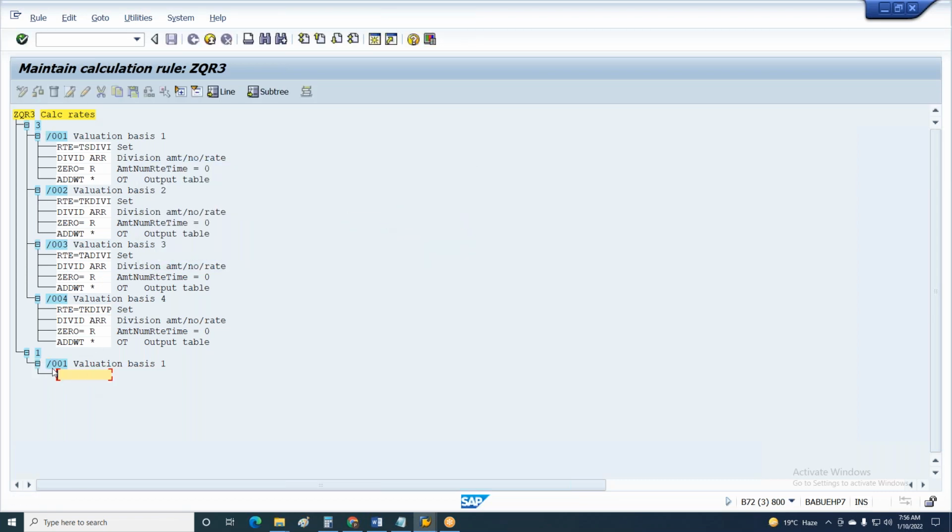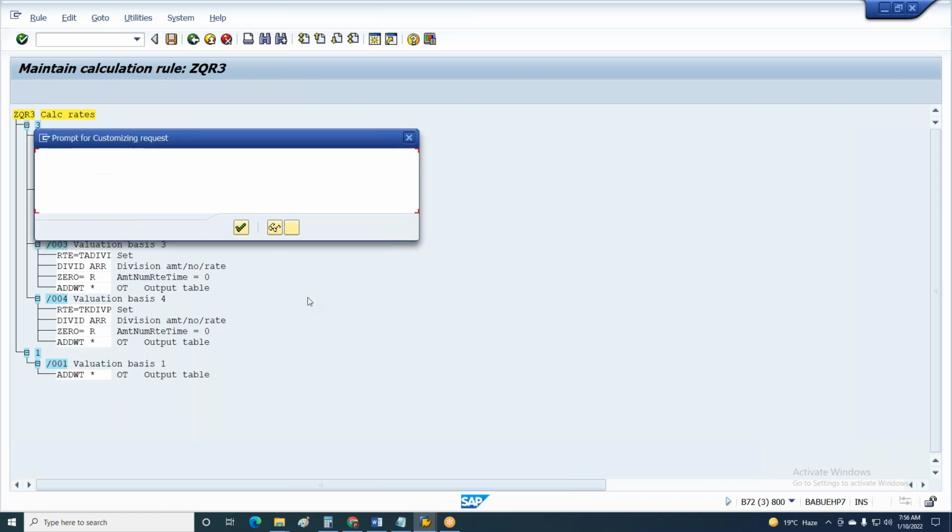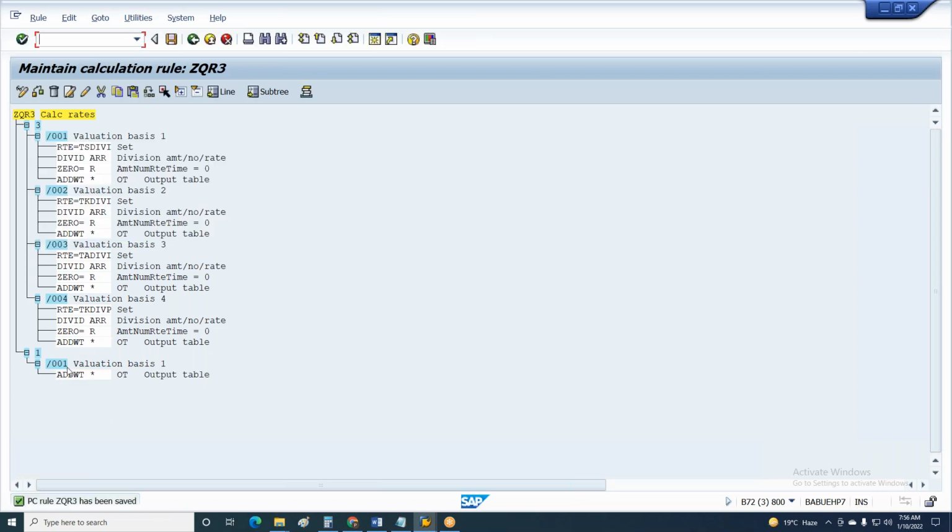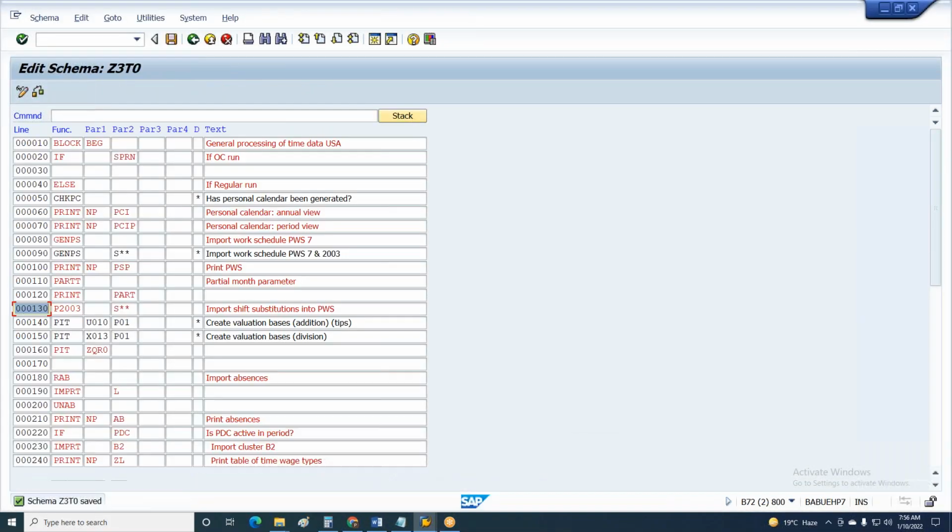Do we need to divide this one? Not required. Just move it to the output table because it's already an hourly rate that is added to /001. You don't need any division for this. Okay, so this is a rates calculation rule. So insert it after this.